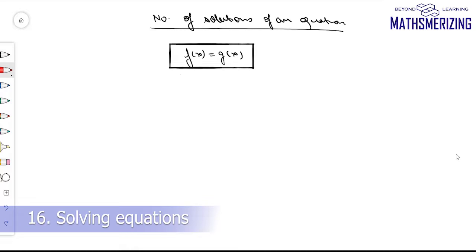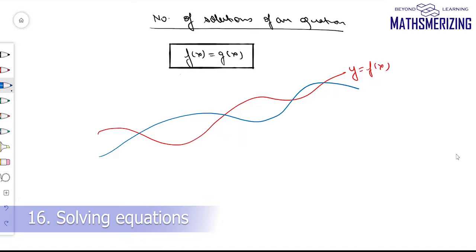What I can do is draw the graph of y equals f(x), and then I'll also draw the graph of y equals g(x). Now I need to find all those points where the value of f(x) is equal to the value of g(x). So I'll mark all the points of intersection. Therefore the number of solutions to this equation is equal to the number of points of intersection of these two graphs. So in this case, the number of solutions of this equation will be 4.